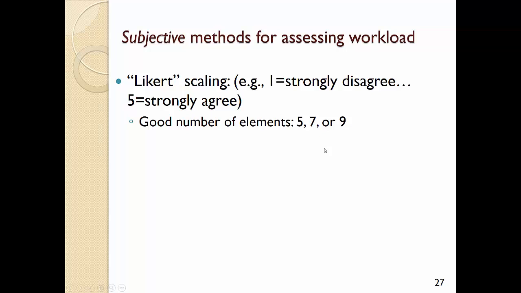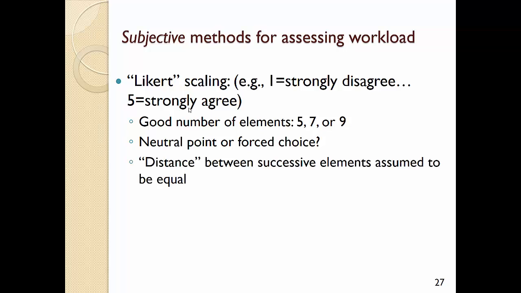Having an odd number is nice because it causes a forced choice. You don't have the completely neutral, or you can. I'm sorry, odd does allow a neutral response. So 1 to 5, where 3 would be I neither agree nor disagree. If you need somebody to make a forced choice, then you probably want an even number of elements.